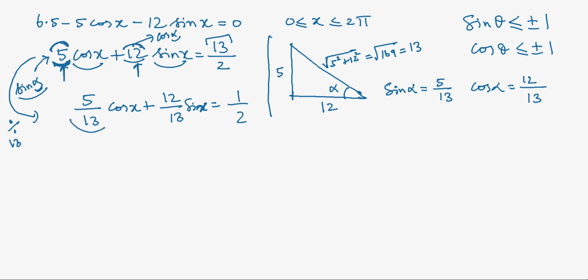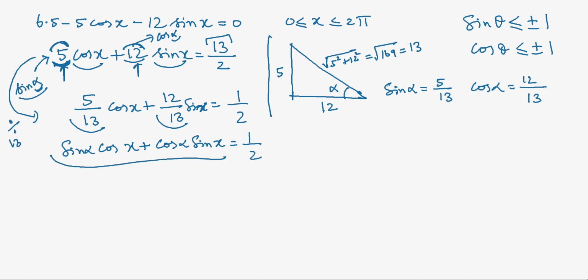So now this can be written as sin alpha cos x plus 12 over 13 can be written as cosine alpha sin x equals half. So now this can be combined as a sine of alpha plus x, which is equal to half.